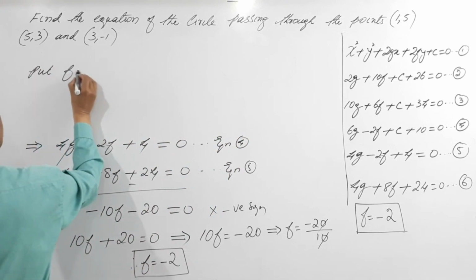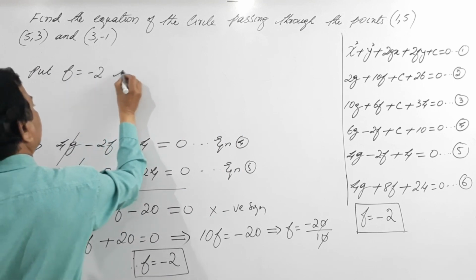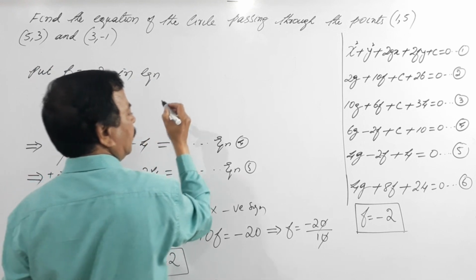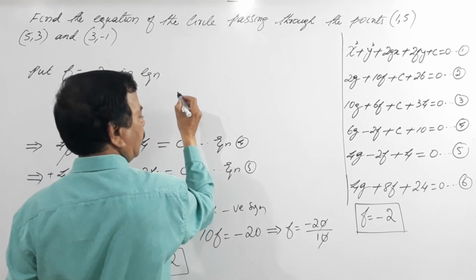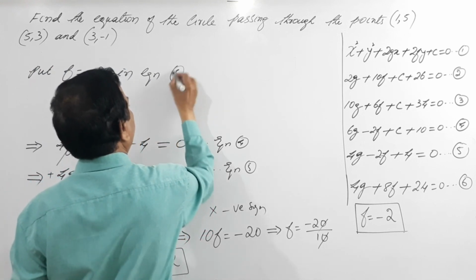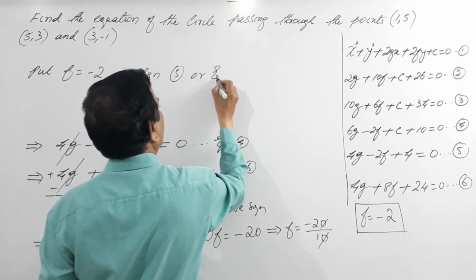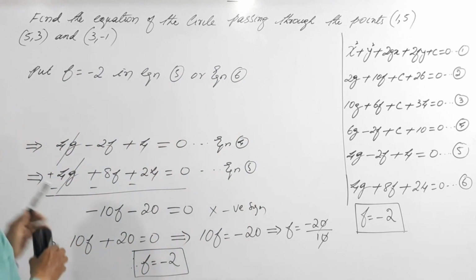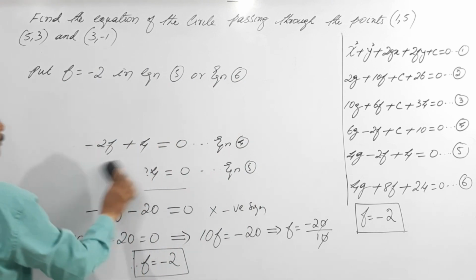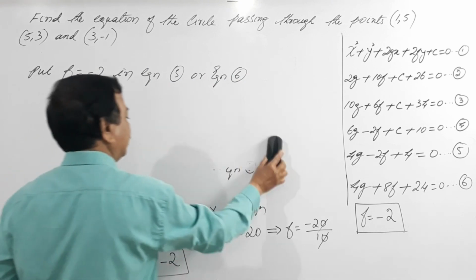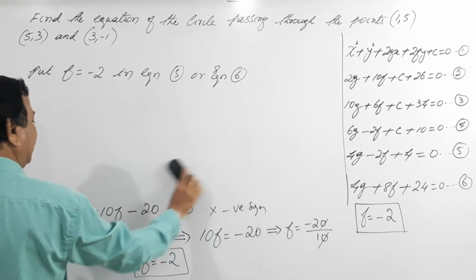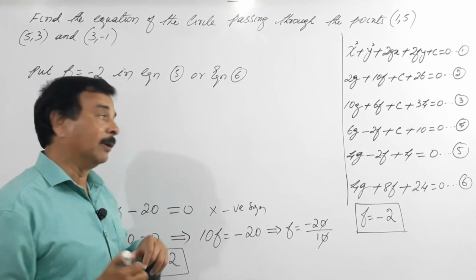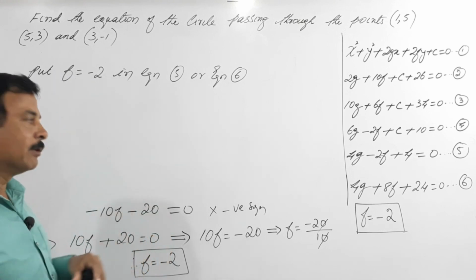Put F equals minus 2 in equation 5 or equation 6, your choice. I prefer equation 5 because I want to play safe. It's not difficult, but let us encourage small values.